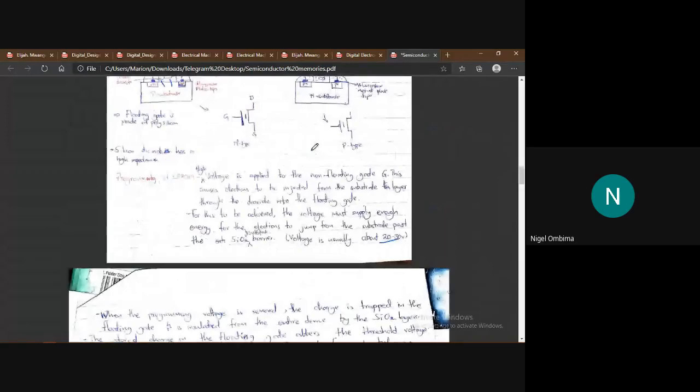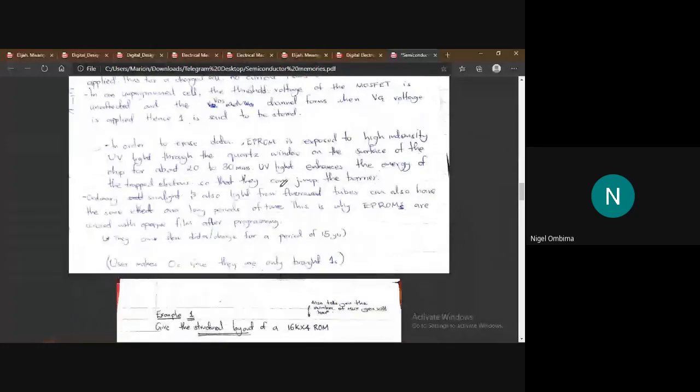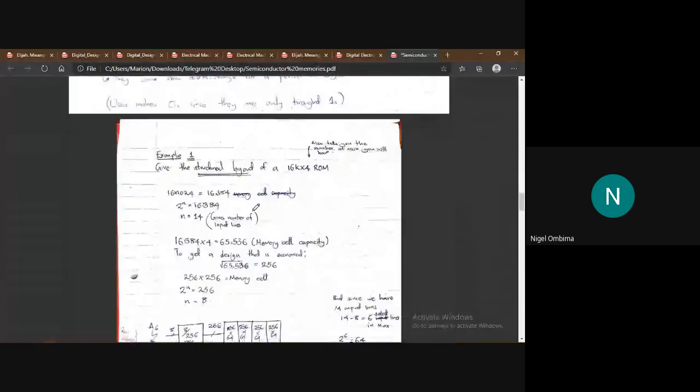Hence it can conduct and it will have a 1. So basically that's it. It is simple enough. So on to examples.